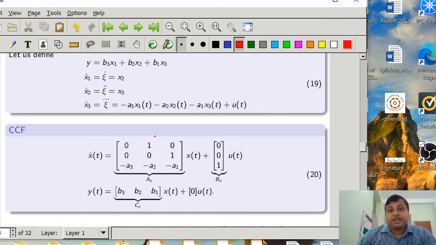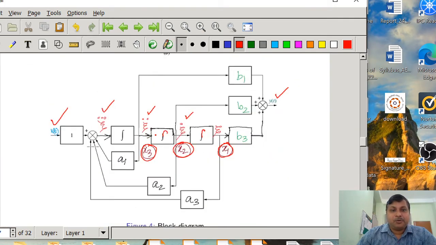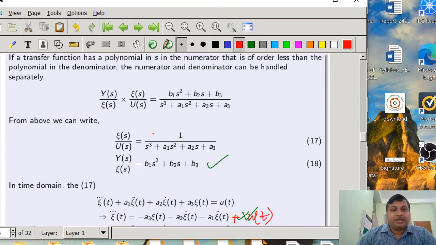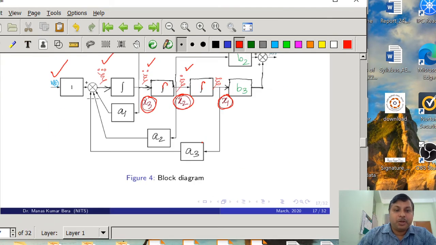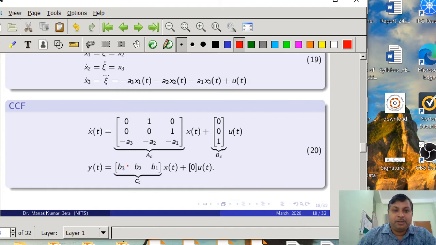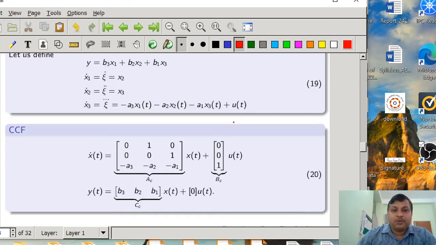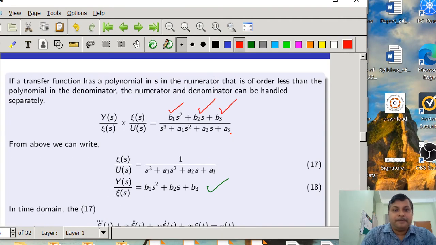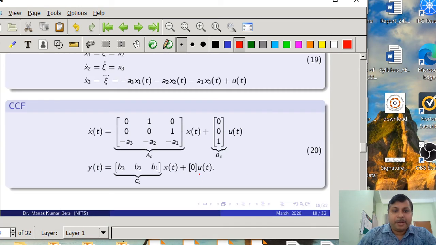And now it is very interesting to see, with respect to the transfer function, which elements are sitting where. So you see b3, b2, b1 are coming into the output equation. And a3, a2, a1, the coefficients of the s, are sitting in the A matrix, and the coefficient of the U is sitting in the B matrix at the last.